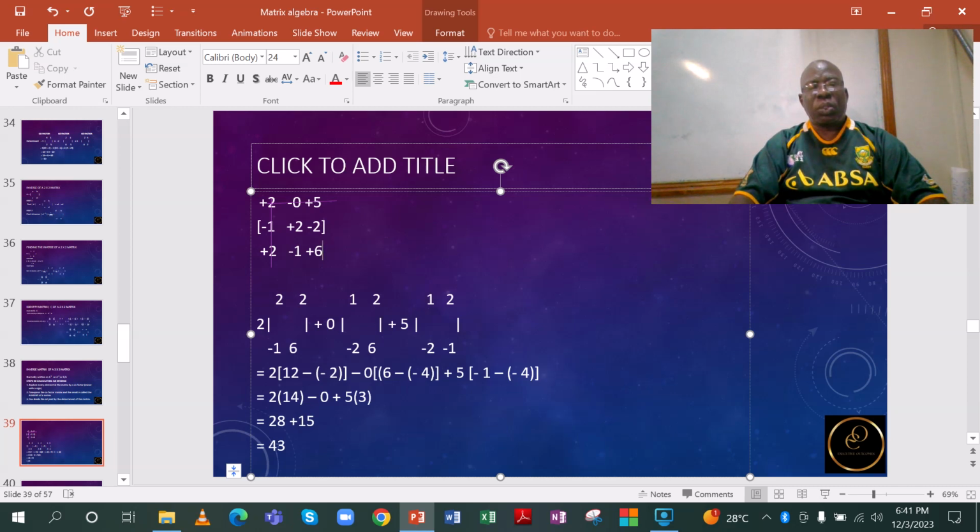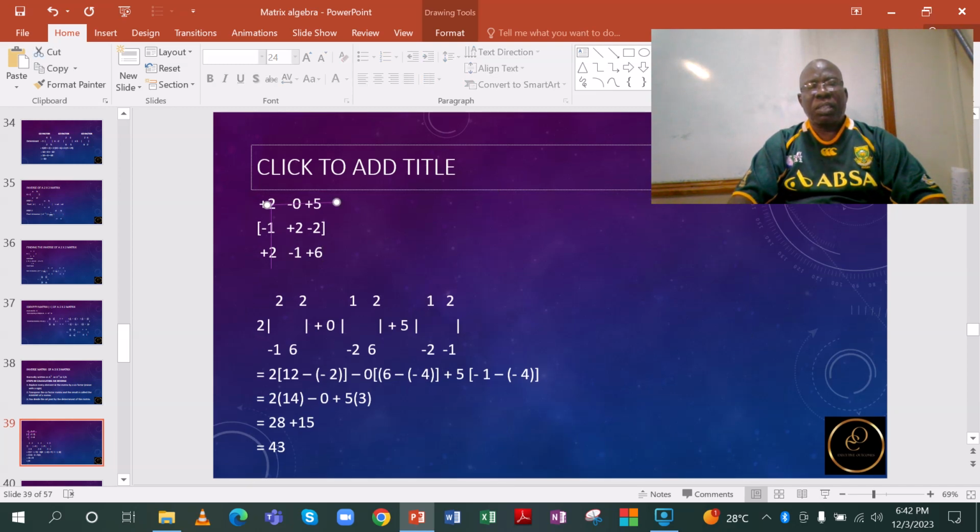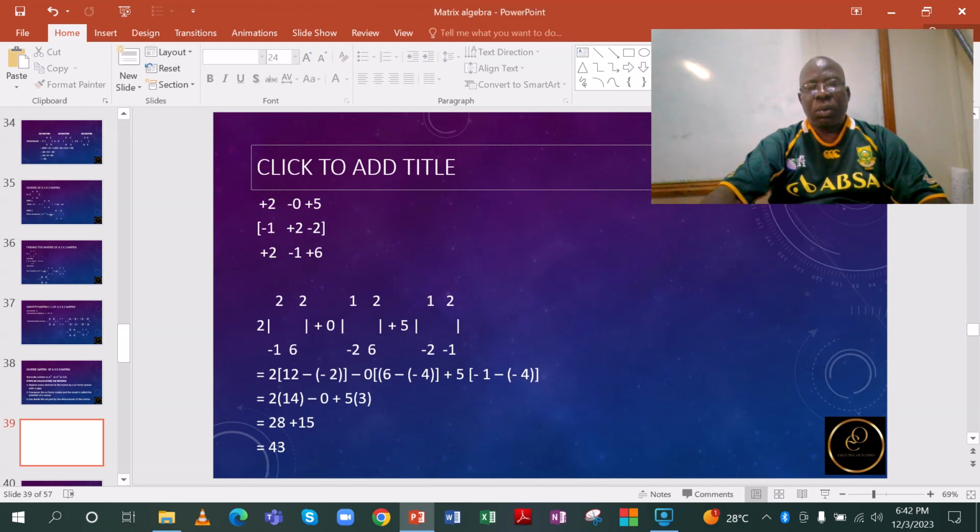That's what we have in this particular case. So we identify these minors here. Then we come to 0 as well. What we do is we identify where 0 is.